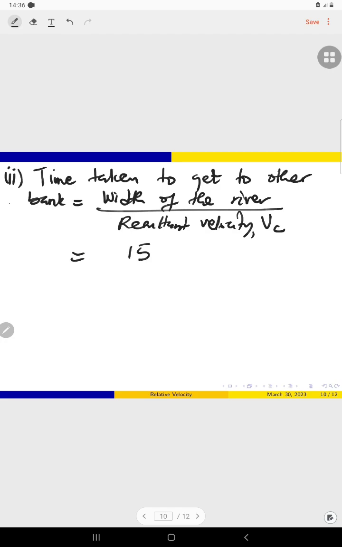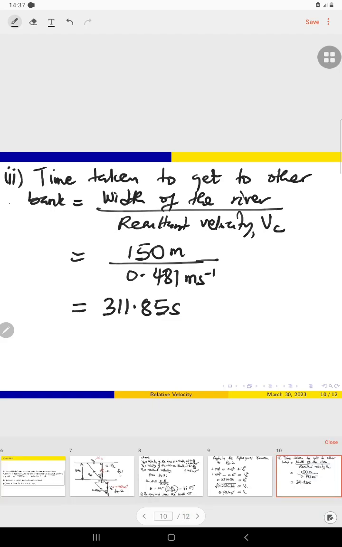So it's 150 meters over the resultant velocity, which is 0.481 meters per second. The meters go out, and when you work this out, you get 311.85 seconds. All right, so students, this answers the question there.